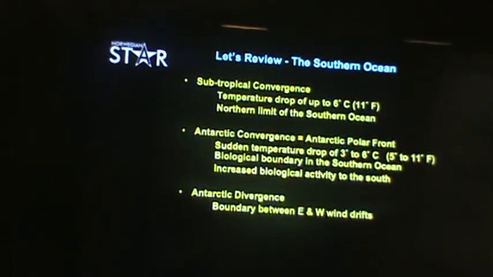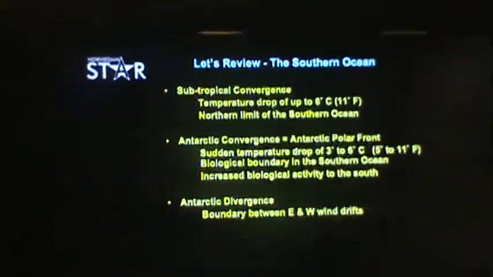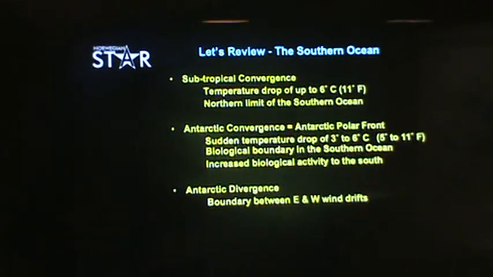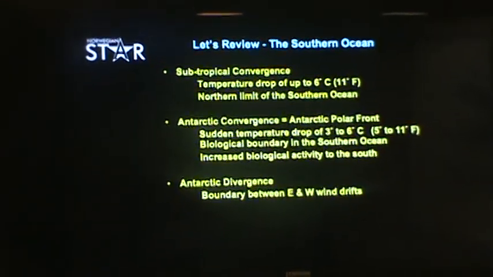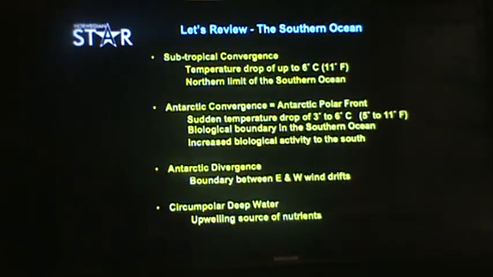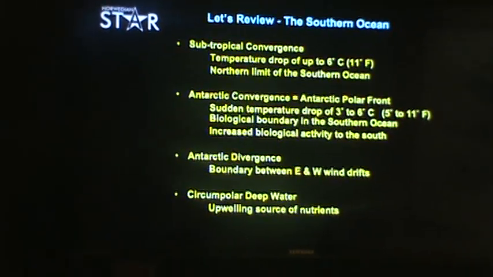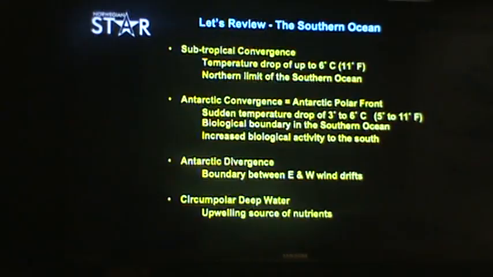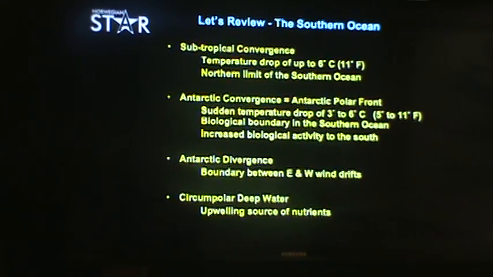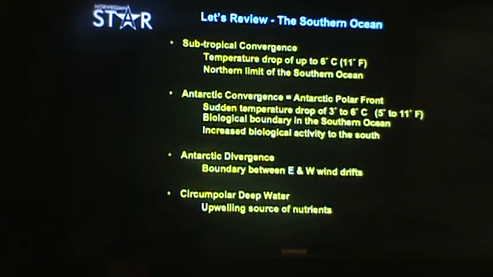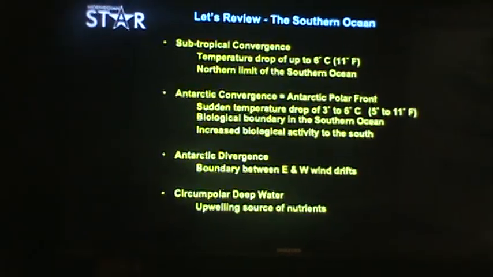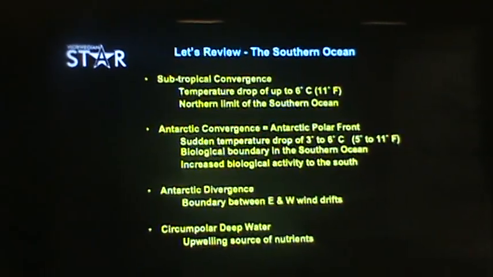This is the zone where many of the nutrients from the north that upwell from the deep of the oceans come right up against the continent. And that's the circumpolar deep water that is upwelled with enormous amounts of nutrients just around the perimeter of the Antarctic continent.